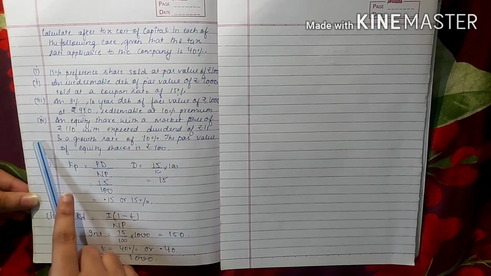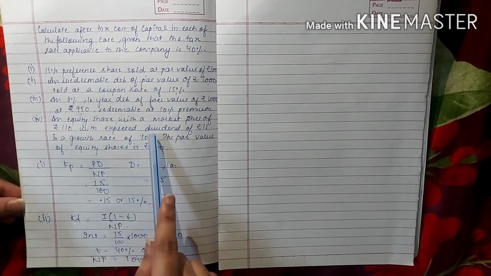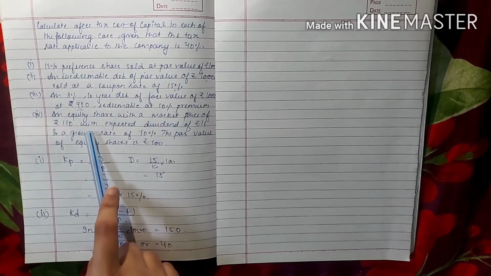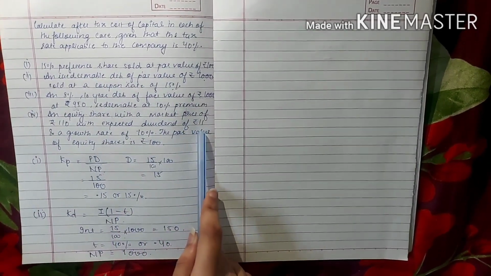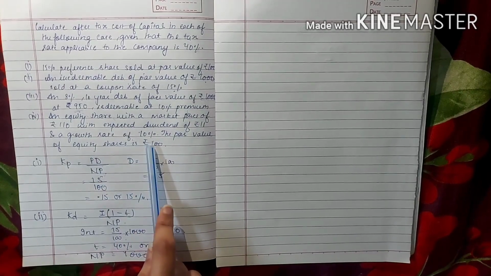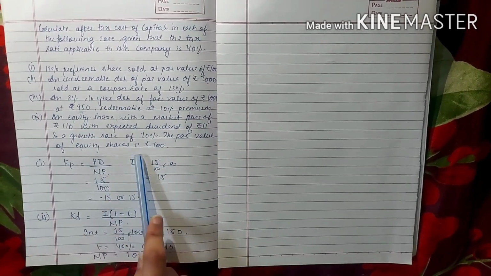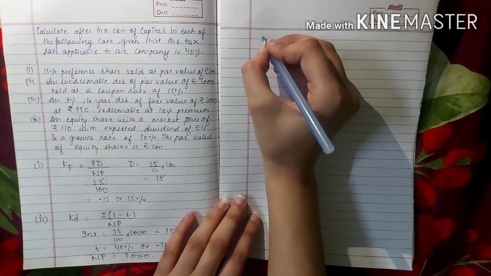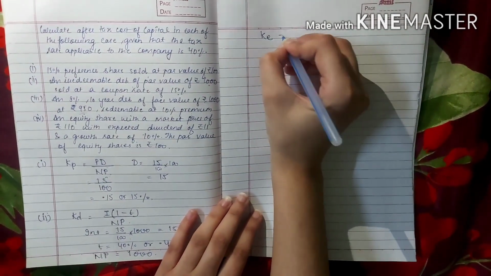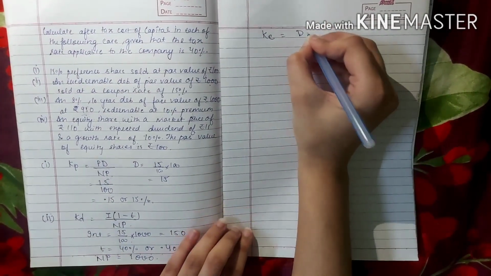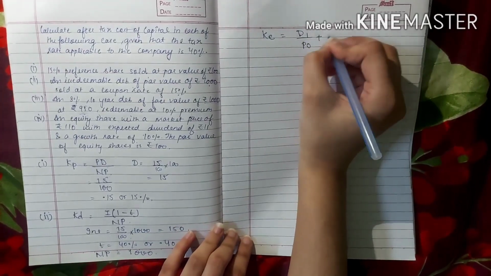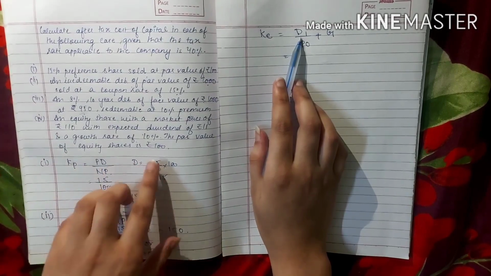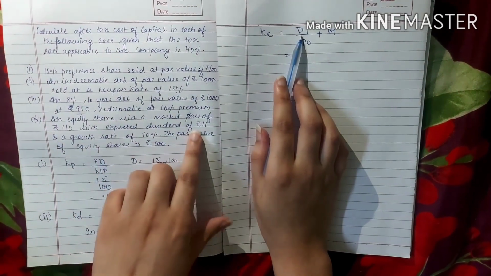Now let's see the fourth part. An equity share with market price of rupees 110 with expected dividend of rupees 11 and a growth rate of 10%. The par value of equity share is 100. So here we have to find the cost of equity, KE. The formula is D1 upon P0 plus G. D1 is expected dividend, which is equal to rupees 11.